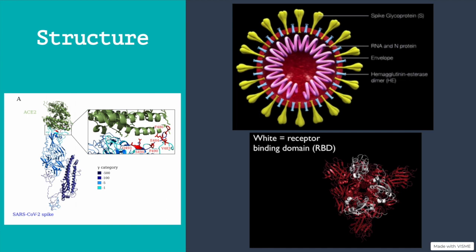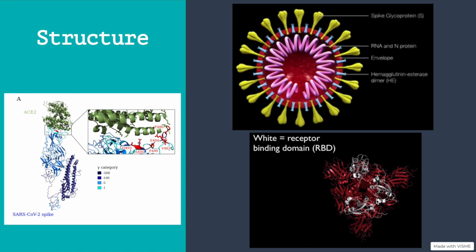So in white are the receptor binding domains. And the receptor binding domains are what is specifically from the spike protein responsible for recognizing and binding to the cell surface receptor or enzyme of the cell that it's infecting to allow it to fuse with the cell and transport its viral genetic material inside.